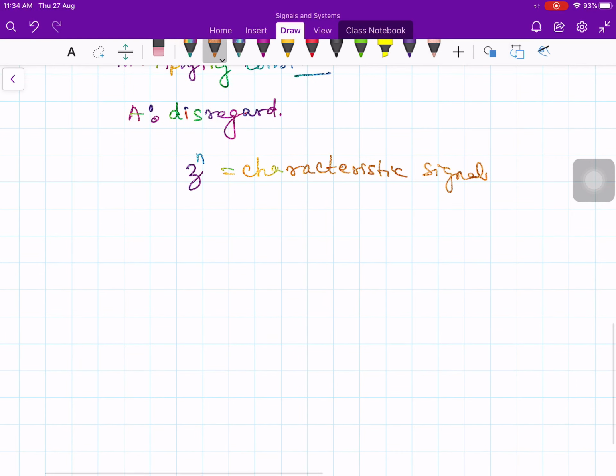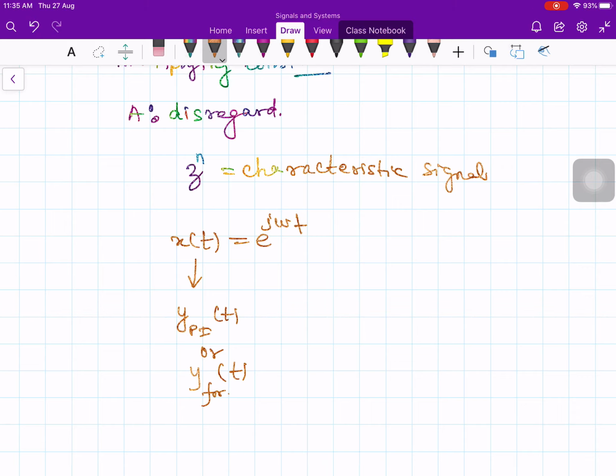Now, if you recall, for the continuous time case, x of t is equal to e to the j omega t. So, in this case, what is the forced response? We said that is the particular integral y p of t, or you can say the forced response y p of t. Forced response is equal to h of j omega times x of t, where x of t happens to be your exponential signal e to the j omega t.